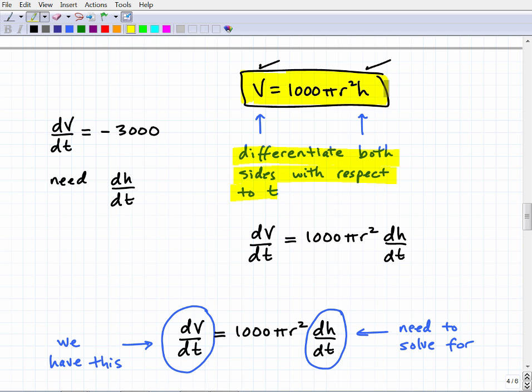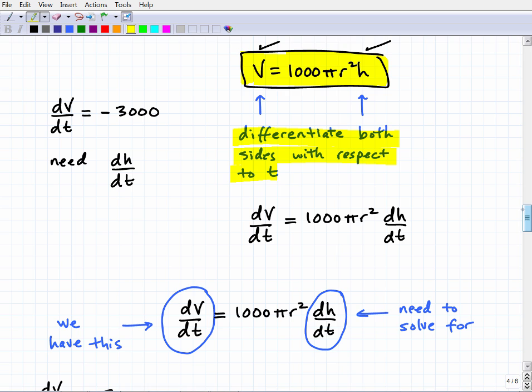This is a whole other side topic, like what type of functions you can differentiate. I'm just going to talk about this in general terms, but just know this: you can differentiate a function if the derivative exists. And so here the derivative exists with respect to time.